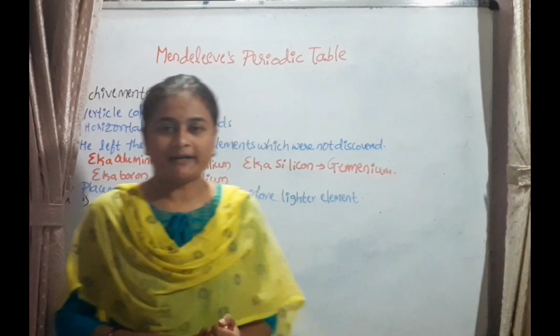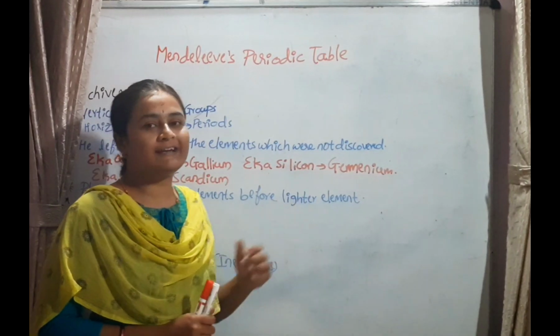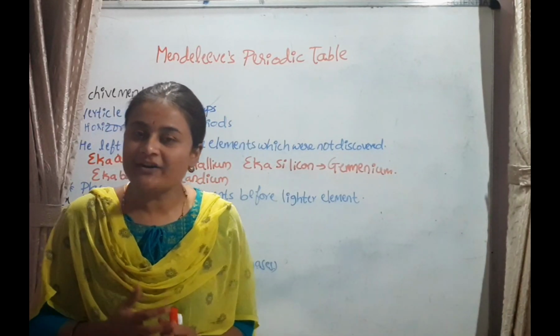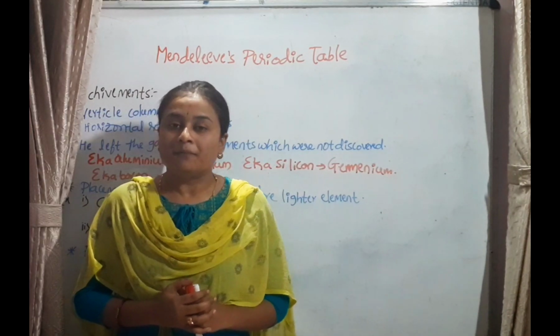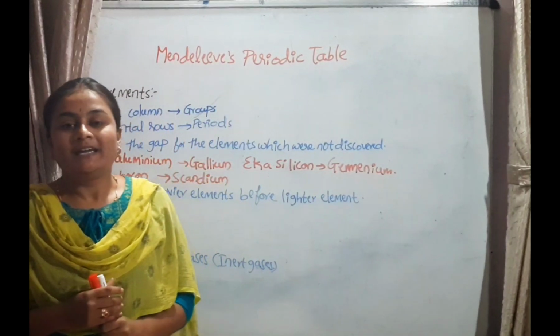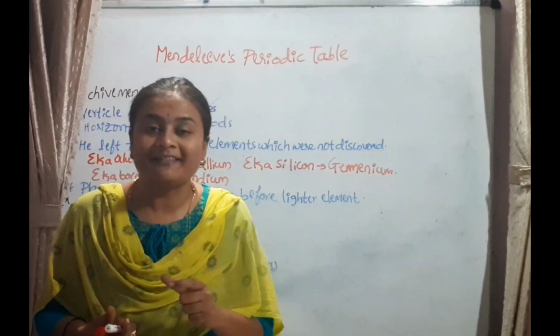The next achievement is placement of heavier elements before lighter elements. Mendeleev arranged the elements in the increasing order of their atomic masses because he wanted to group the elements with similar properties. Here, in some cases, he placed heavier elements first and then lighter elements.